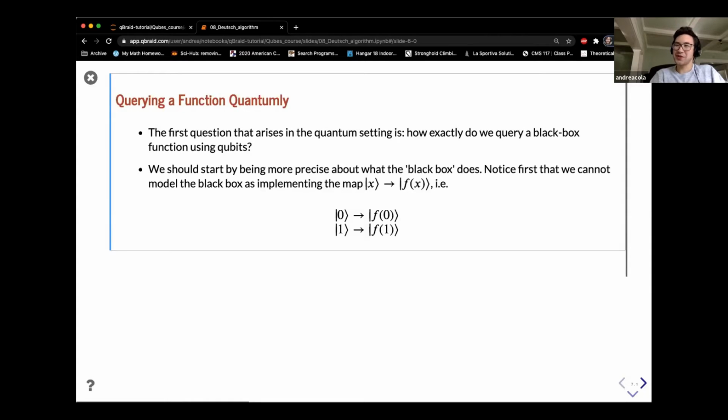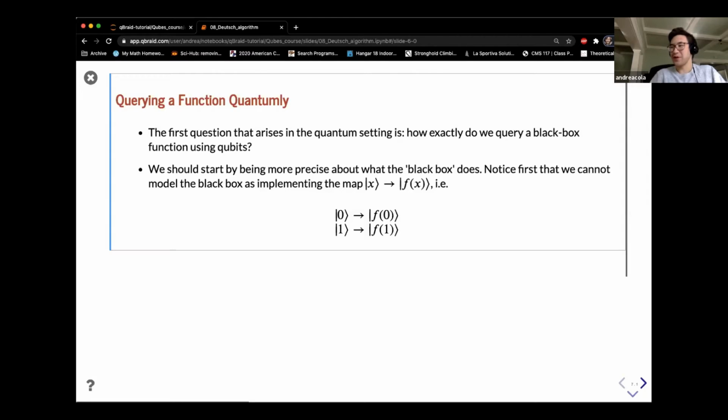Imagine that this function f was actually constant, so both f of 0 and f of 1 are equal to 0. Then in this case, the transformation that this quantum gate is implementing is mapping ket 0 to ket 0 and ket 1 to ket 0. Now, as Khurshid pointed out, this is not a unitary.